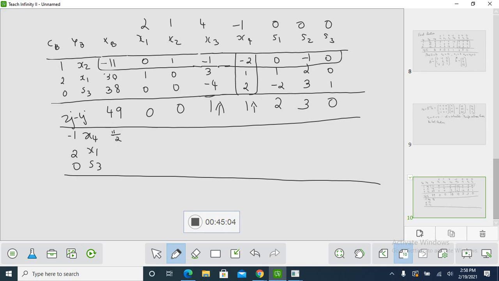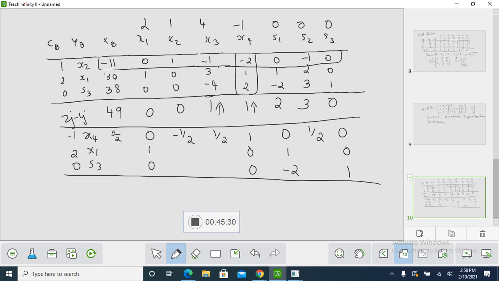Then this becomes 0. Then this will be 1, 0 only. So this becomes minus half. This becomes half. Then this becomes 1 followed by 2 zeros because it is the key column. This is 0, so 1 minus 2 directly we can write. Here it is half. Here it becomes 0, so here also we can write 0, 1.